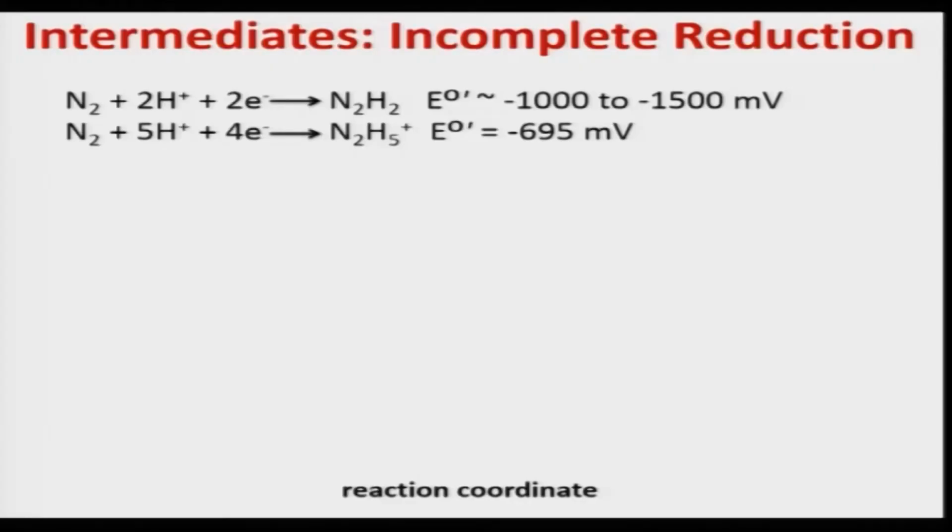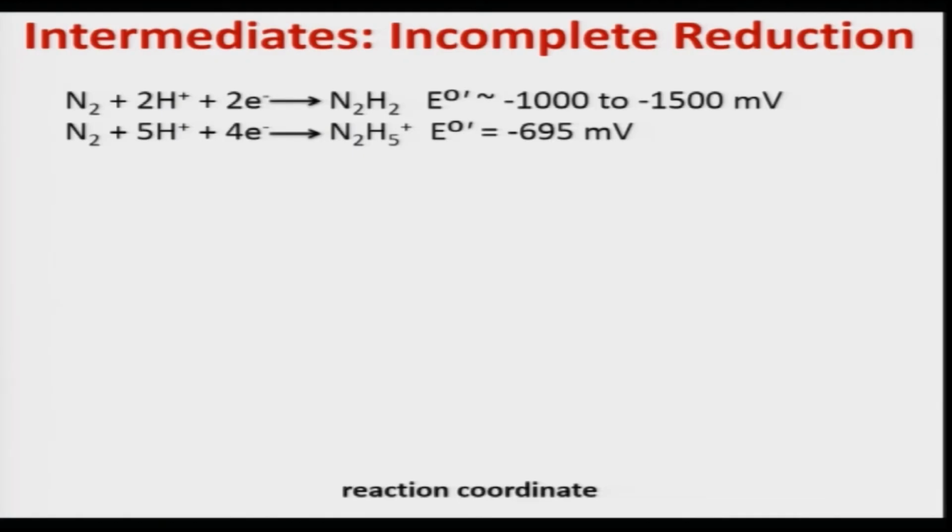If you cannot give 6 protons and 6 electrons in a concerted way, then you end up with intermediates. As you can see here, N2 converting to N2H2 and N2 converting to N2H5 plus, the formal potentials are very large negative values, which is impossible in the biological system.